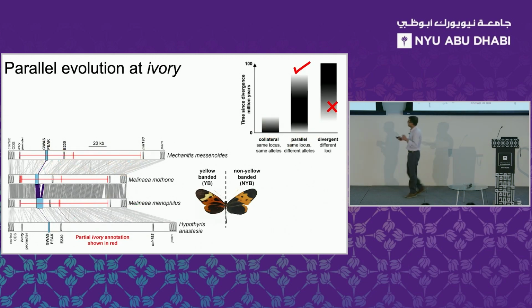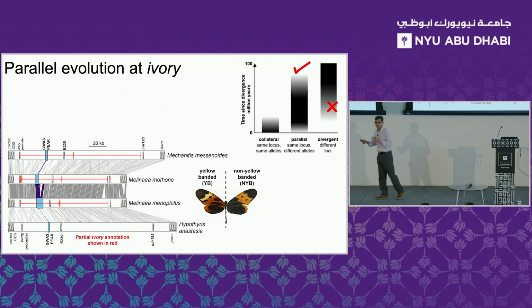What's interesting is, this is just zooming in on these 4 species, and this is a depiction of where the genome-wide association peak is. This is the ivory promoter over here. The red lines over here are showing you the annotation for the ivory gene. What we find is that the peak of association is always in that first intron of ivory.